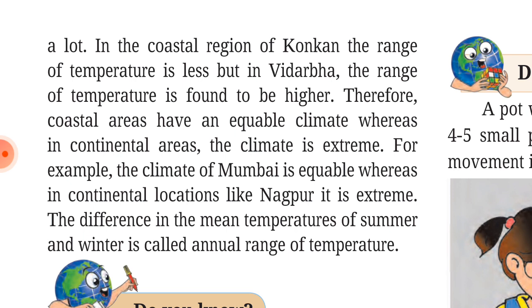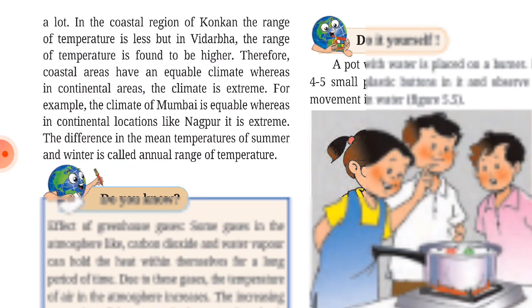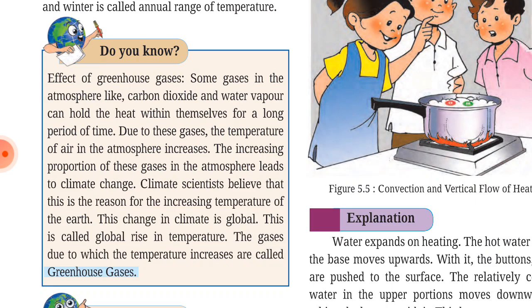So we can take the highest temperature from the summer season and the lowest temperature from the winter season. By taking the difference, we get the difference in mean temperature of one year, that is the annual range of temperature.